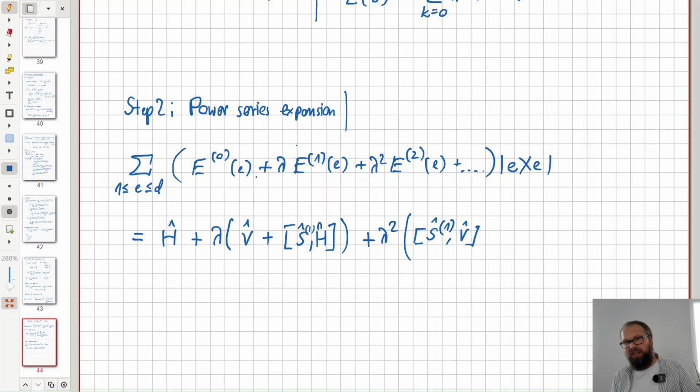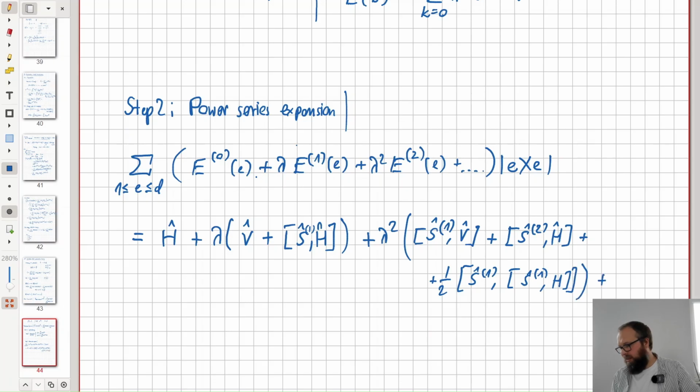Commutator with V of first order S plus second order S with H plus, new line, one half of a nested commutator of S1 with H plus higher orders. Okay?